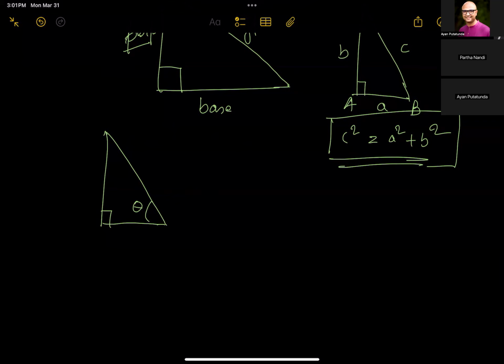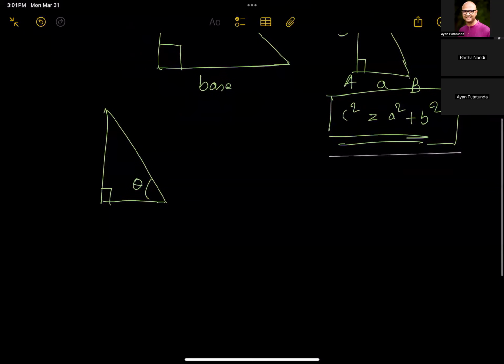So one second, this is why this is not coming up. Okay, so say this is called again the perpendicular.